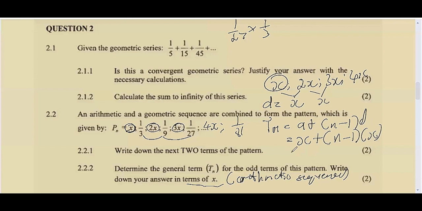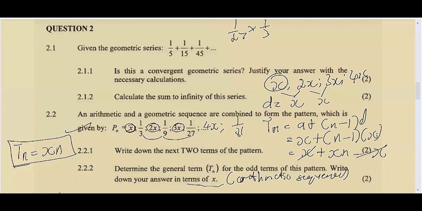It's also x. So this would be x plus x times n, that's xn, and then x multiplied by -1, that's minus x, right? Now at this point, we can see that this x and this negative x will cancel out. So that means my Tn is only equal to xn, right? So that's my solution. So it was only 2 marks. So your Tn is equal to x multiplied by n. And then just like that, you are done.